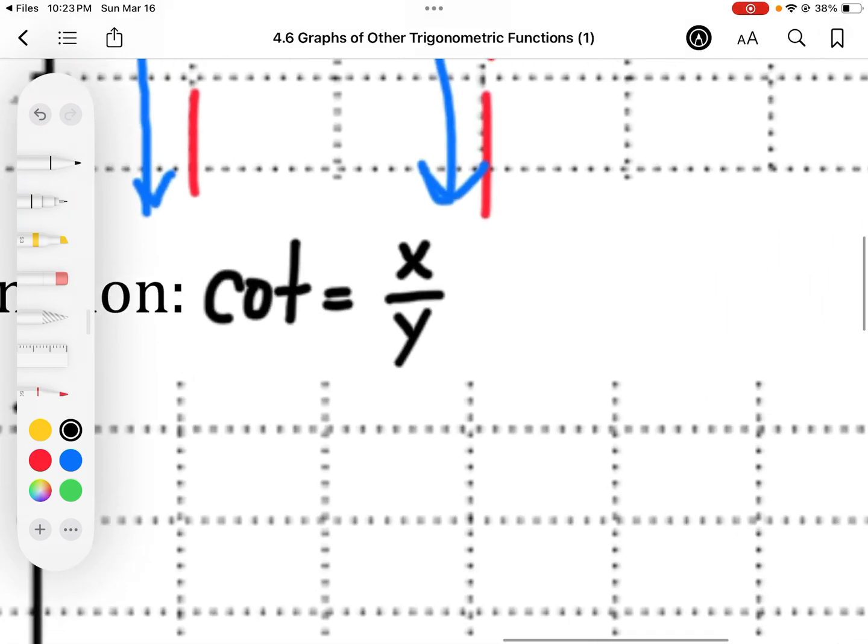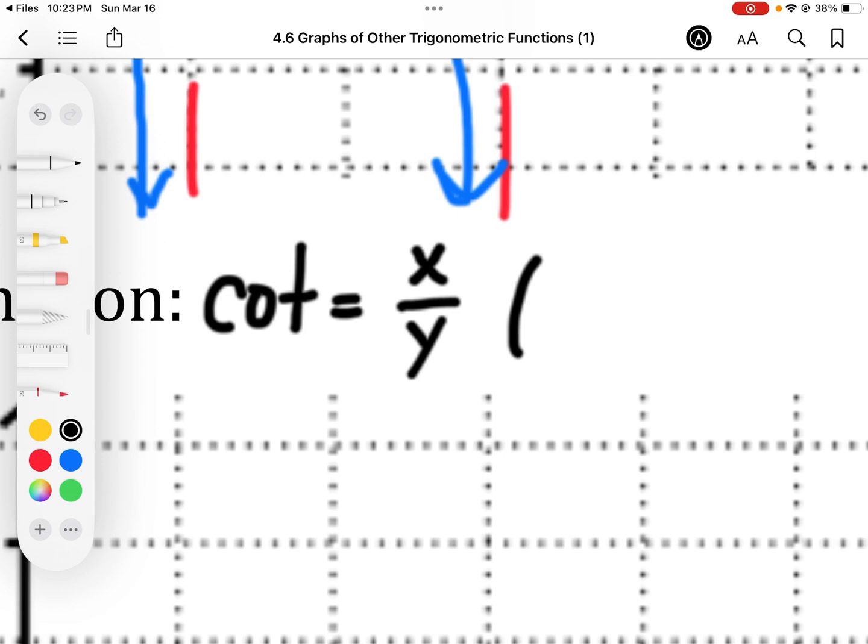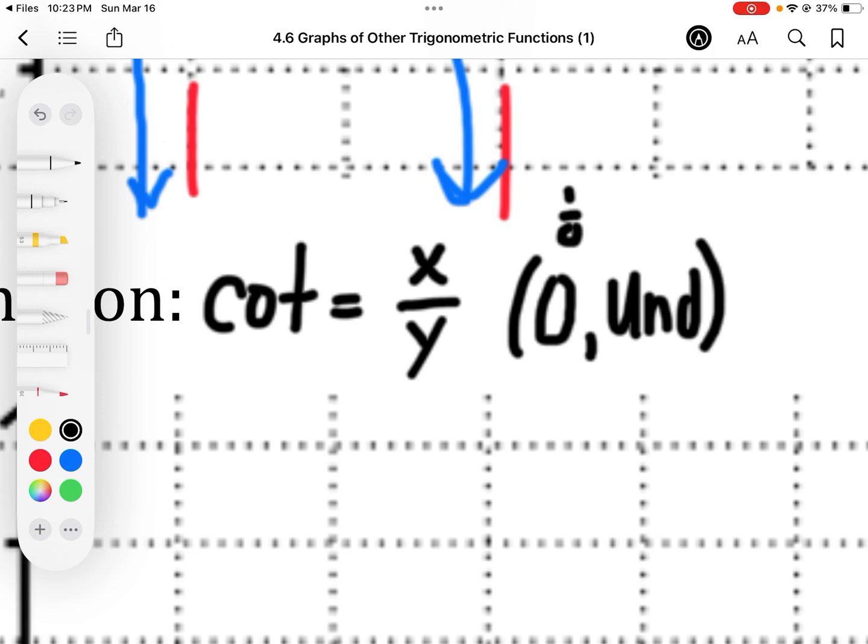So as we go through all our points, if we just look at our main key ones, if I start at 0, again our input is our radian, our output is our value of cotangent. At 0 radians, I have an x value of 1, and I have a y value of 0. So when that happens, we are undefined, as we saw with tangent.